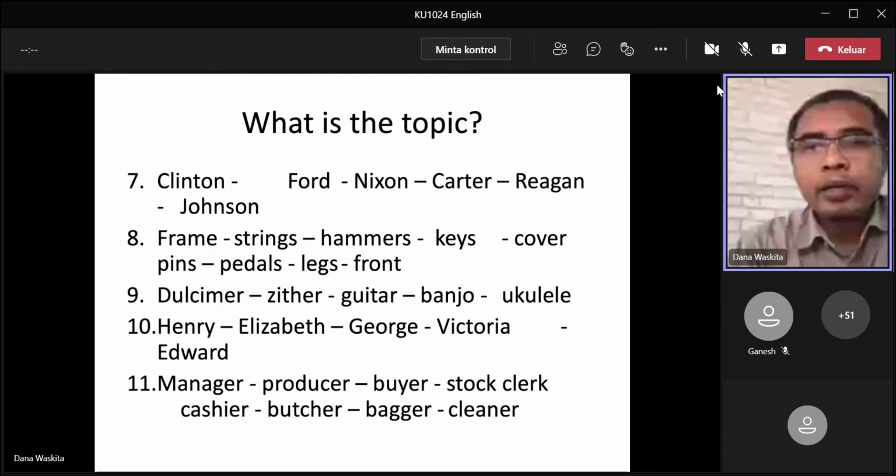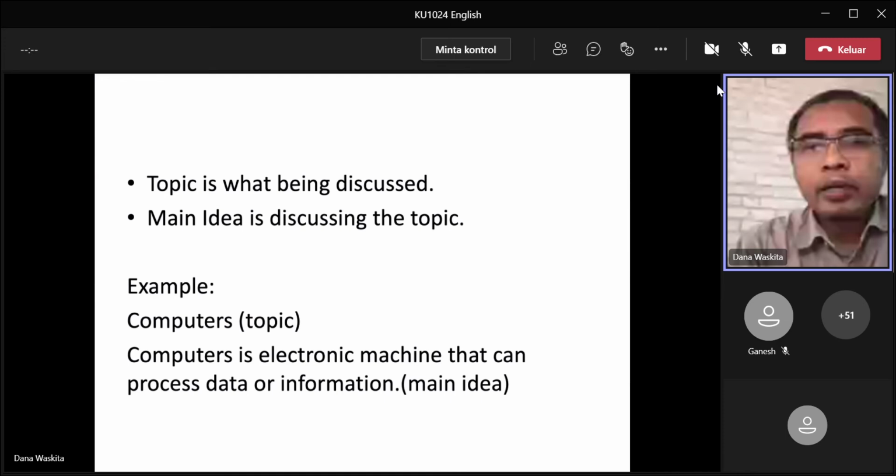So we can say that the topic is what is being discussed, and the main idea is what is said about the topic. For example, if the topic is computers, the main idea will probably be what the writer wants to say about computers. For example, computers are electronic machines that can process data or information.